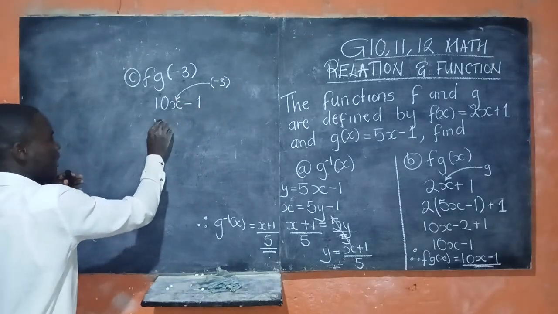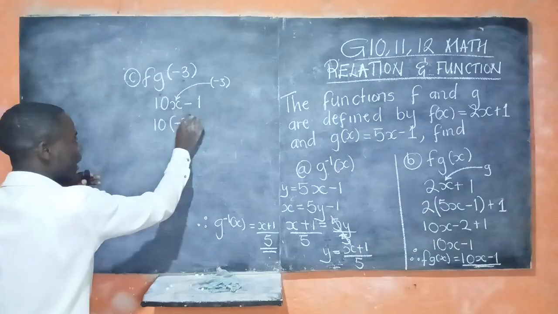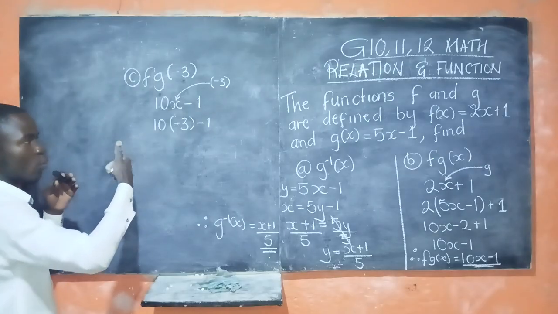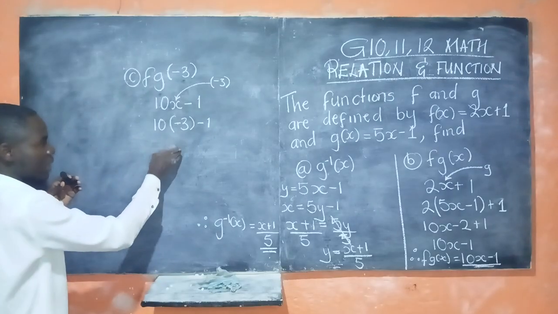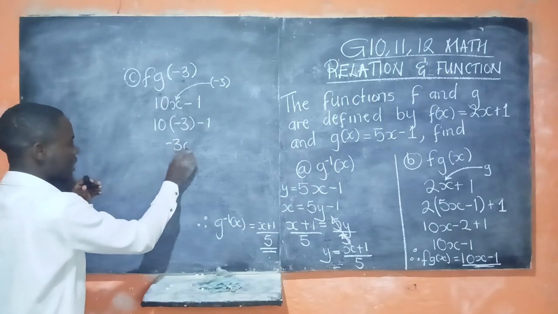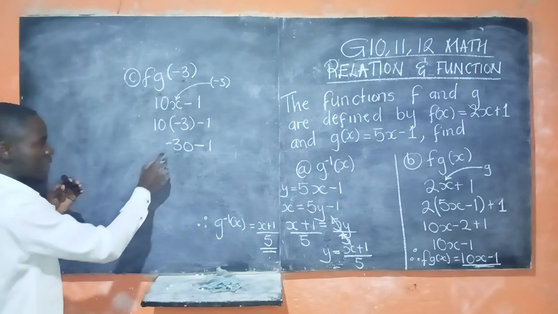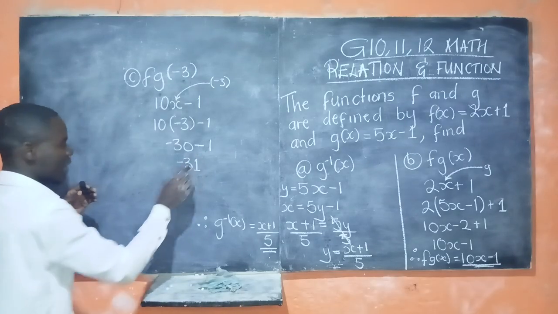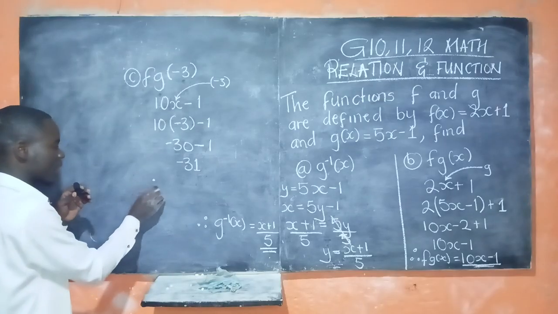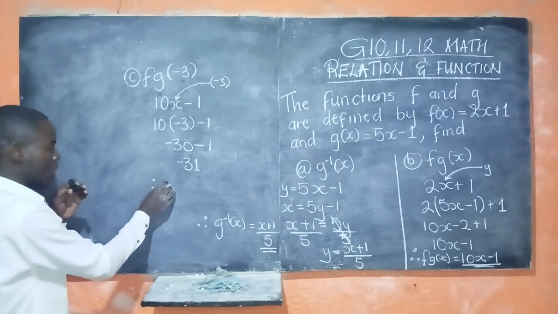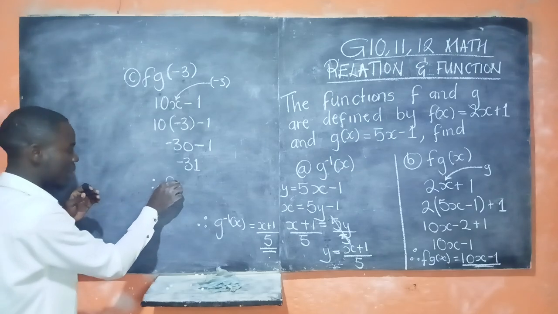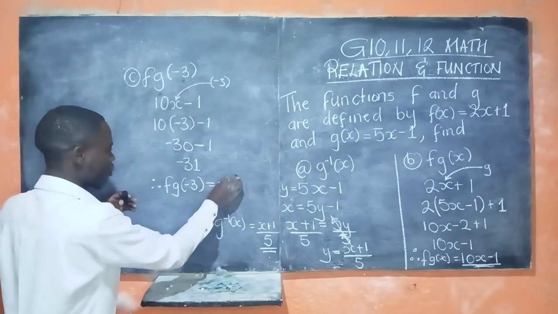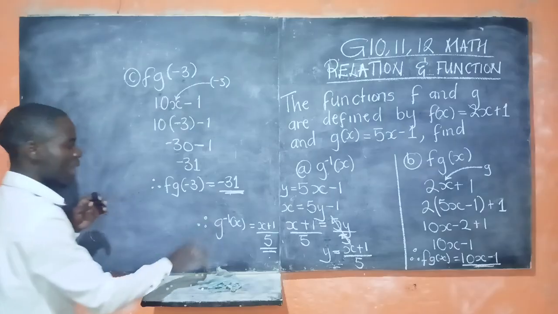We have 10, open bracket, negative 3, then negative 1. Now, the first thing, we multiply the brackets. This times this, the answer is negative 30, then minus 1. This minus this, the answer is negative 31. Why? Same signs we add, then maintain the sign. Then don't forget, to conclude, we say f of g of negative 3 is negative 31. That's the way you answer this kind of question.